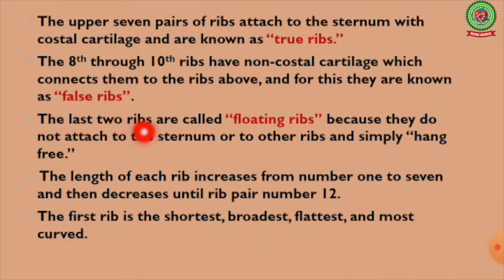The last 2 ribs are called floating ribs because they do not attach to the sternum or to other ribs and simply hang free. The length of each rib increases from number 1 to 7 and then decreases until rib pair number 12. The first rib is the shortest, broadest, flattest, and the most curved.